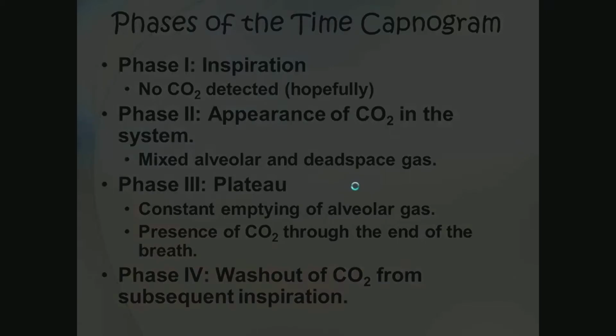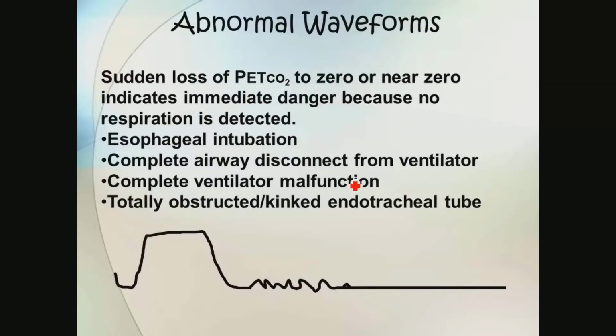Some abnormal waveforms. These might make good test questions, just saying. Sudden loss of end-tidal CO2 to 0 or near 0. This is basically where you're not having any CO2 being sensed, and that is indicative of either a total disconnect, esophageal intubation, tube has come out, or obstruction in the tracheal tube.